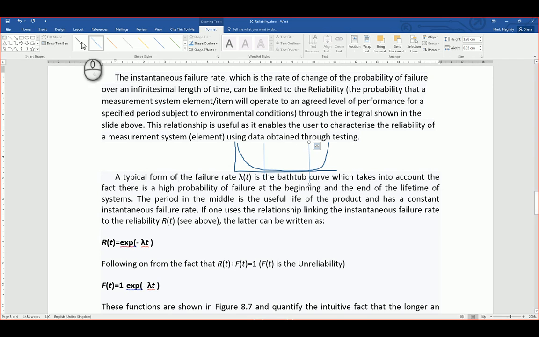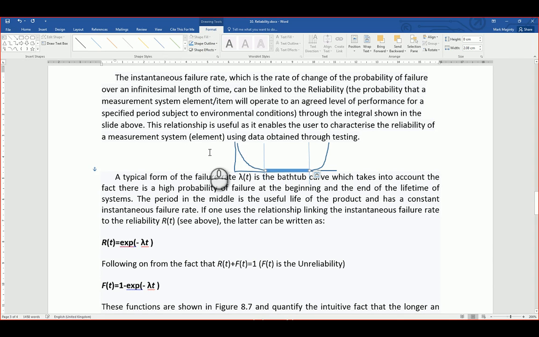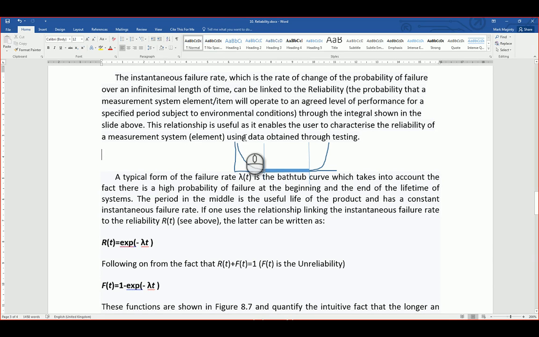Now the drawing isn't overly accurate, but this one down the bottom was meant to be pretty much horizontal. The bathtub curve curves down, flat lines, and then rises back up. Not drawn very accurately, but you'll see it from future PDFs here.